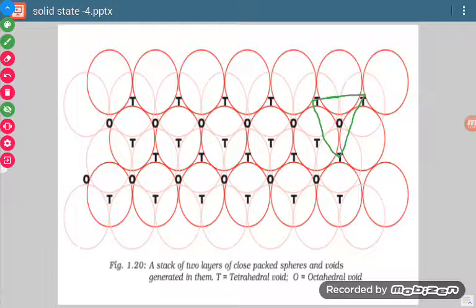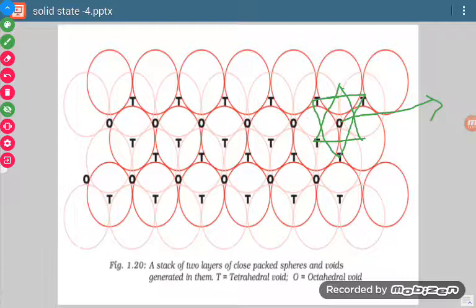Now if I see the centers of the spheres of the upper layer, then it will be like this. Okay, now these 3 spheres from the lower layer and 3 spheres from the upper layer are touching each other, and still there is a vacant space. Here there is vacant space. Now this is called an octahedral void or octahedral hole.